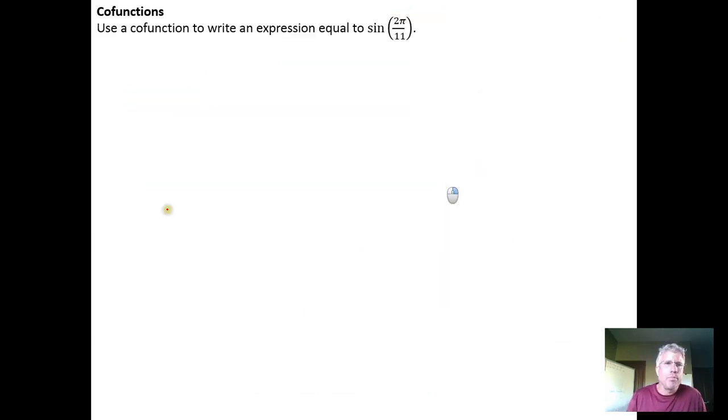So for example, you might be given something where you're asked to use a cofunction to write an expression that is equivalent to the sine of 2 pi over 11.